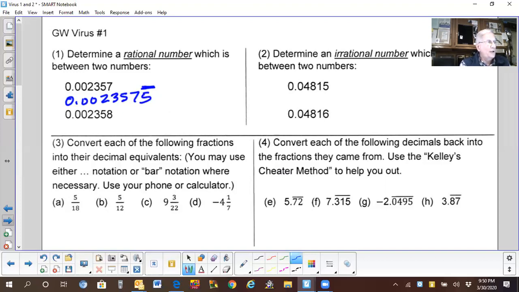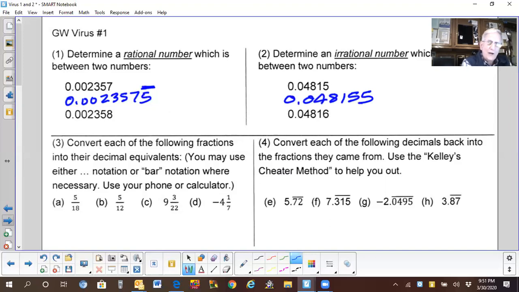Now I want you to look at number 2. If you take your calculator and add those two numbers together, I'll give you a couple seconds to try it, and you divide them by 2, you should obtain 0.048155.